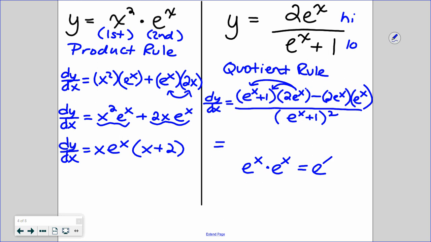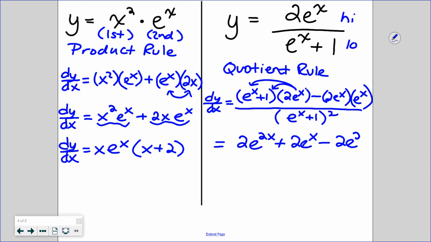So it'll become e to the x plus x, which will equal e to the 2x. I just wanted to emphasize that. So 2e to the x times e to the x will become 2e to the 2x, plus 2e to the x, minus 2e to the 2x, all over (e to the x plus 1) squared.